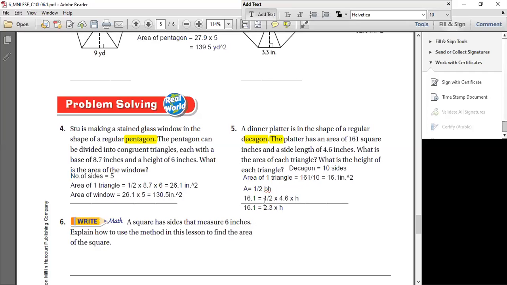So now you have to divide, because 2.3 multiplied by h equals 16.1. To find h, of course, we are going to divide 16.1 by 2.3. So h is going to be equal to 16.1 divided by 2.3. Now if you write it in the other way, it's going to be this kind of question. Don't mind the handwriting.